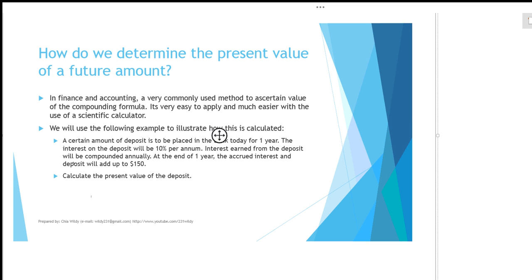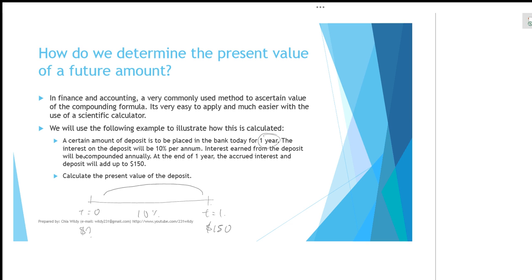That is, let's say you have a certain amount, according to my example, where you place a certain deposit for a year, and let's have this illustrated on the timeline. You have no idea what this deposit amount is today, but you know that in a year's time it will be 150. But that is a year later. The interest rate is still at 10%.